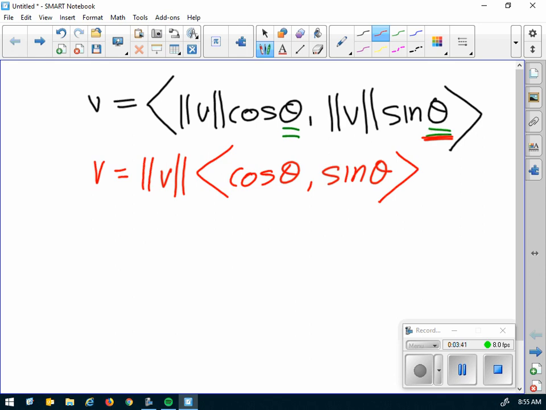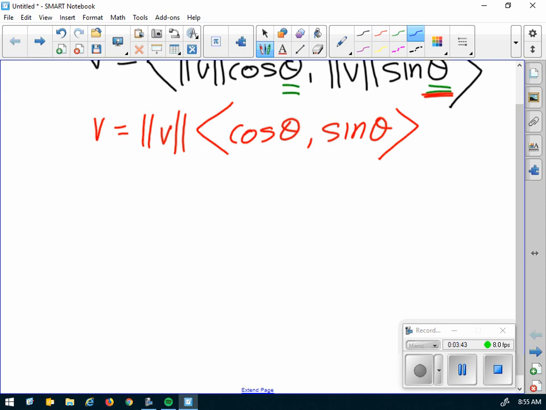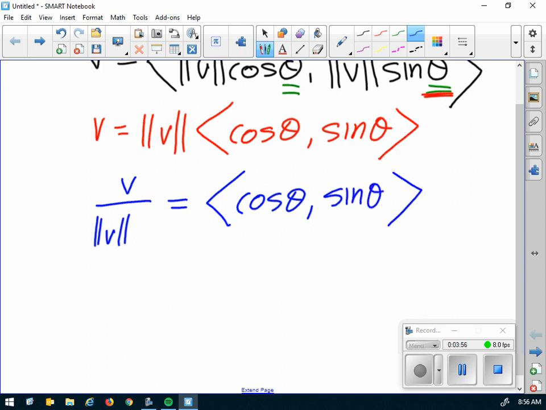Now, I want you to look at this. If I divide both sides by magnitude V, I want you to look at what we've got. And this is your number 21 in your notes. Now you think, well, so what?